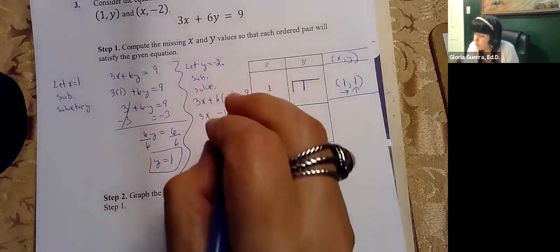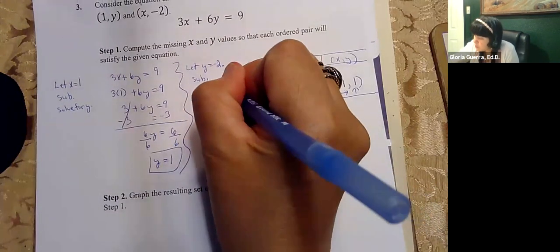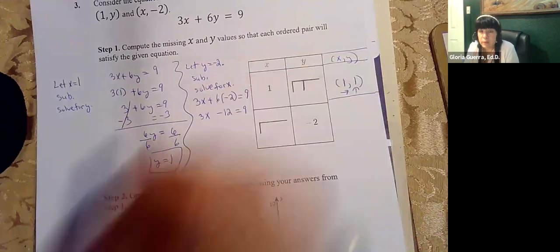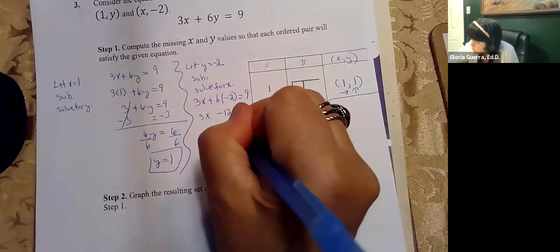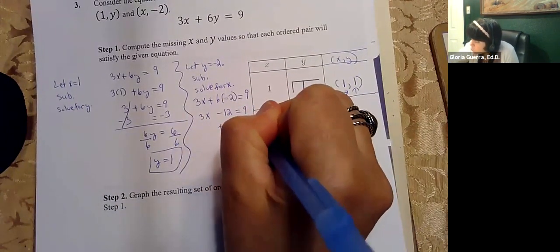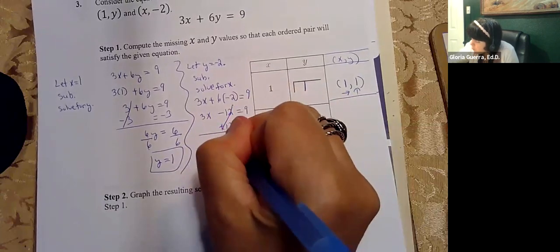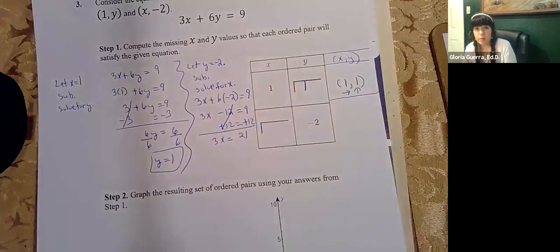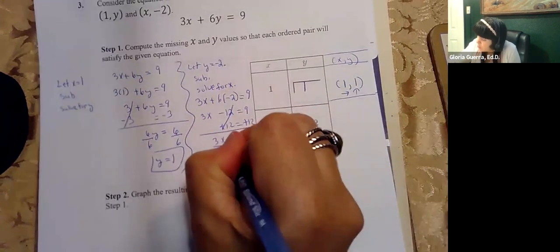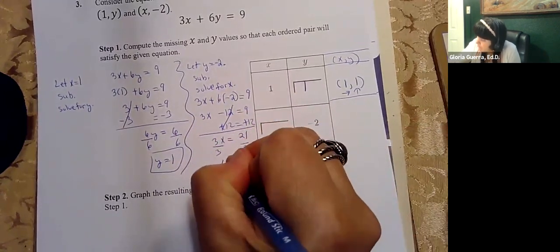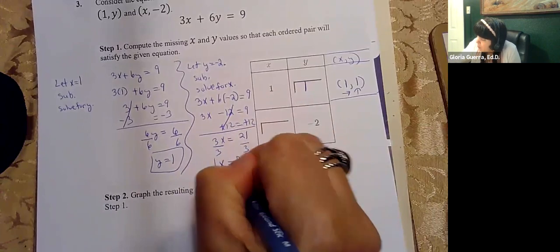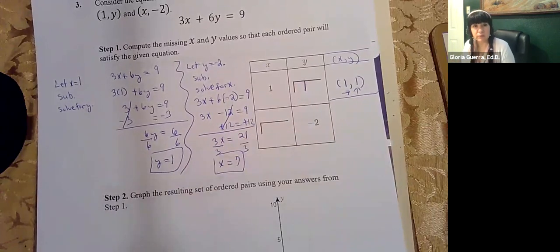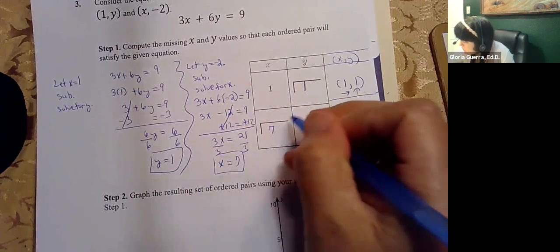And you're solving for x. So you're going to add 12 to both sides. 9 and 12, 21. Then we divide by 3. 7. 3 times 7 is 21. Okay, so it looks like you're going to get 7.